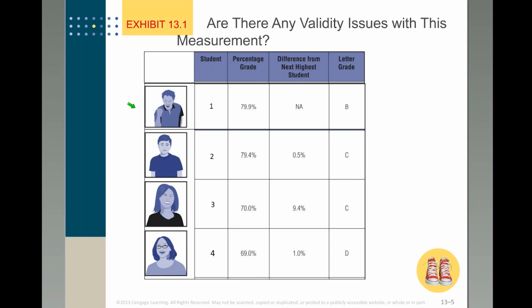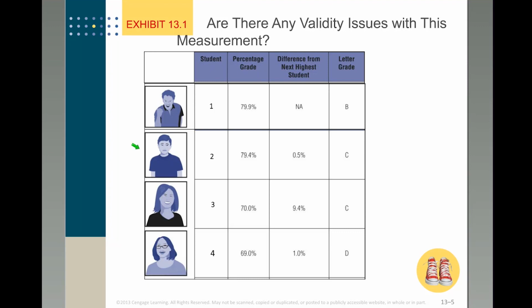Now for the second person, look at this poor guy, 79.4%. Most of the time, when we round numbers, right? We round if it's above 0.5. So 79.4% probably will not curve to a B. So this guy got a C. But what's the difference between these two?